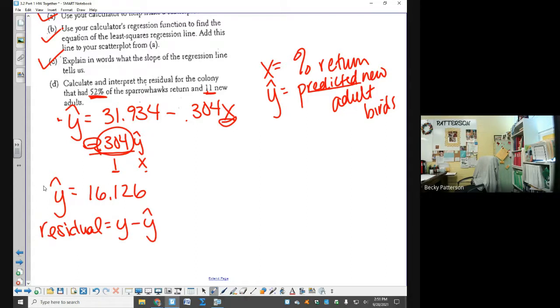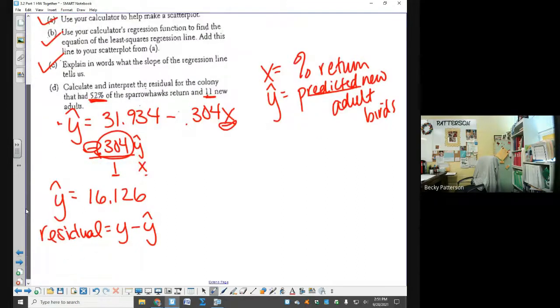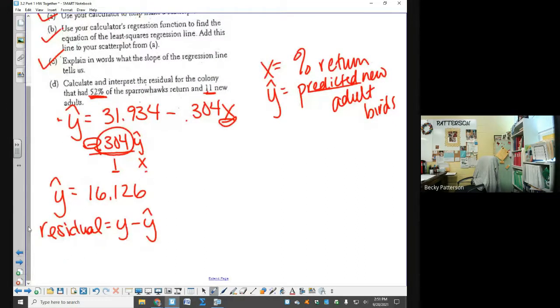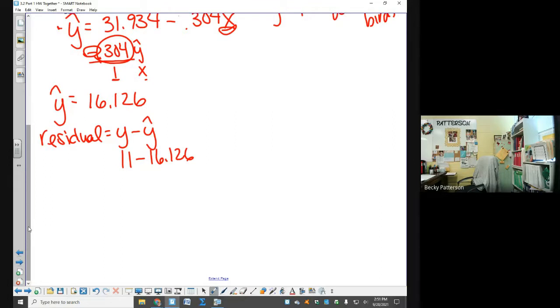Who was Y for 52? 11. And our Y hat was 16.126. Any chance y'all could do that in your head? Negative 5.126. There it is. So that is the residual.